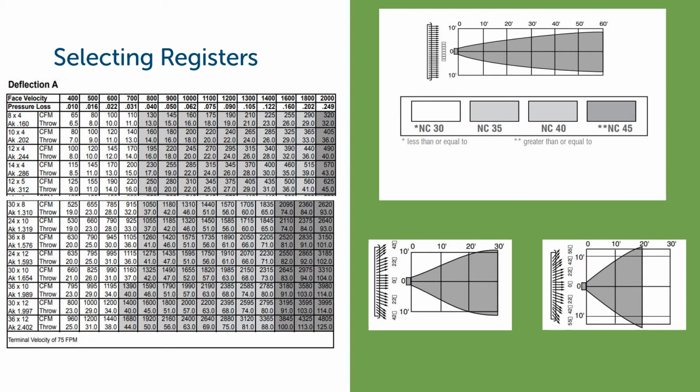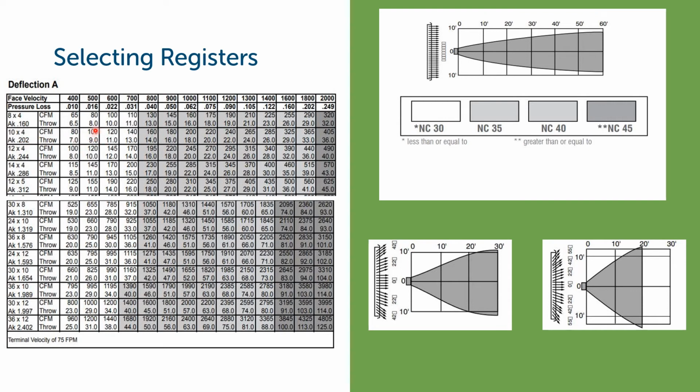Let's talk about selecting registers. Everything you need to know for good design is on this chart. Okay, so if we are selecting a register, maybe we want a 10 by 4, we know we have 500 feet of face velocity. Here's the 10 by 4. Here's the free area.